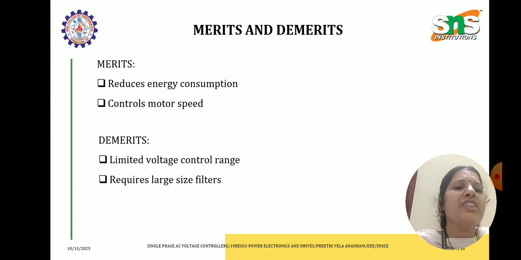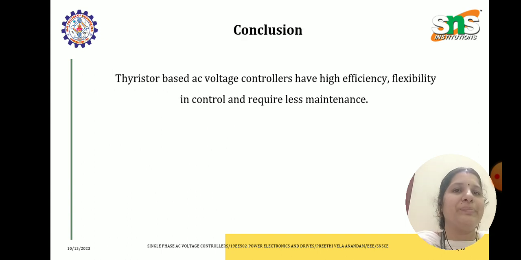We also have many merits, like reducing the energy consumption, controlling the motor speed, extending the equipment lifespan and enabling smooth voltage regulation. These are the various merits of using a single phase AC voltage controller using the R load.